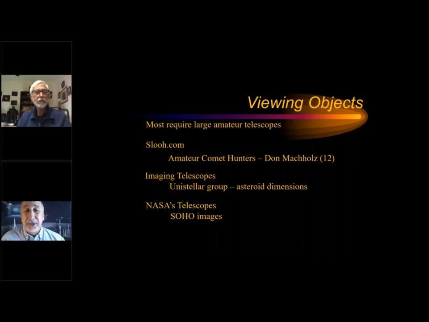He would use his 11-inch Newtonian, typically in the morning, because the automated surveys are not looking for comets early in the morning or just after sunset, because they don't want to get too close to the sun with their imagers. So for 3 years, about 1,700 hours, he spent looking for comets before he discovered his first one. So it's not a particularly easy task, but God bless him, he discovered 12 of them.